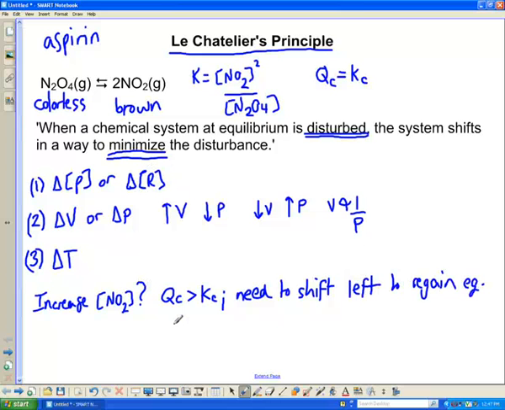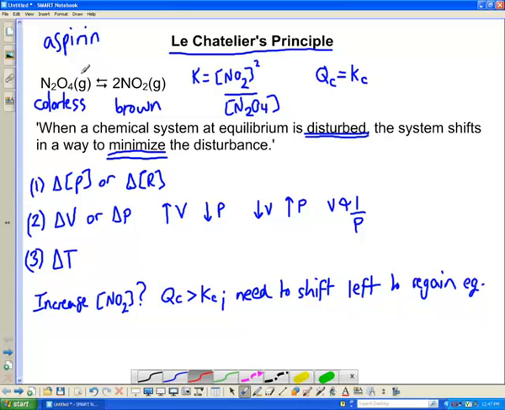And actually, there is a simpler way to follow what's happening here. If you increase the concentration of any species, so if you were to increase the concentration of your products, then the equilibrium would shift away from that, so it would shift towards the reactants. If you increase the concentration of my reactants, exactly the same is going to happen. I'm going to shift away from my reactants, from the side that I increased the concentration of. Okay? So that essentially is the effect of increasing concentration.